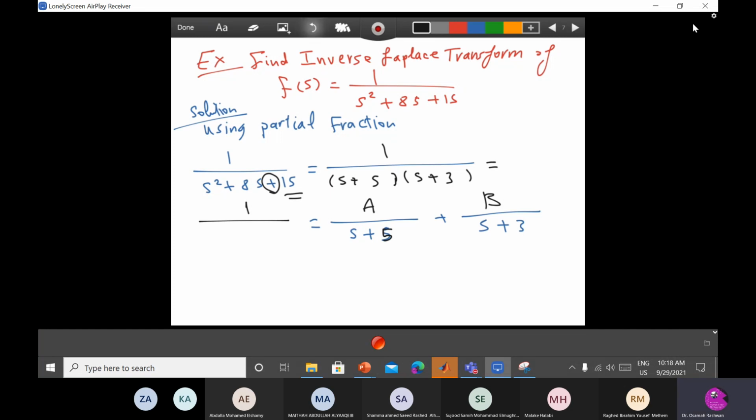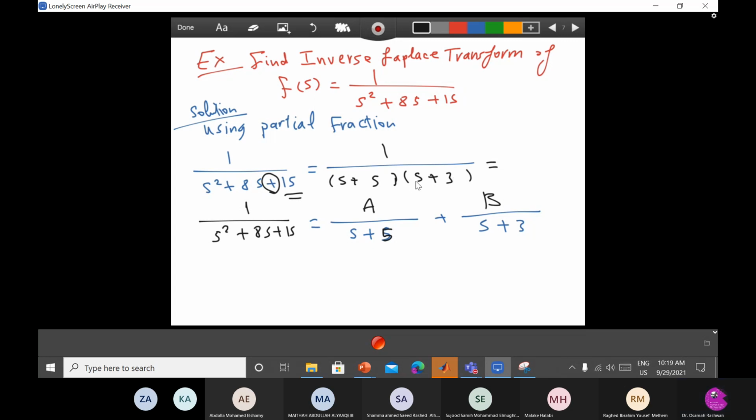How to find this constant? You are lucky if you have a first degree. You just hide this one. To find a, hide s plus 5. What makes this one 0 is s equal to minus 5. When you substitute, you have 1 over minus 5 plus 3, so 1 over minus 2.